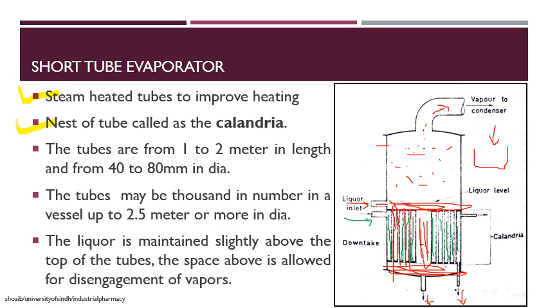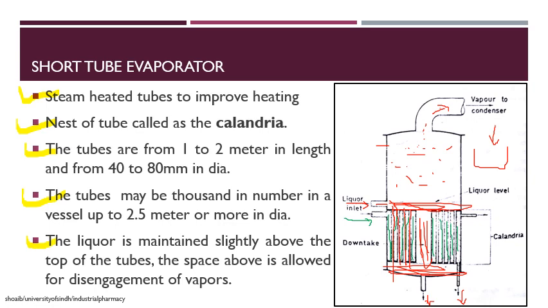The length of these calandria tubes may be 1 to 2 meters, and their diameter may be from 40 to 80 millimeters. Okay, these tubes may be present in thousands in number if the diameter of the equipment is about 2.5 meters or more.